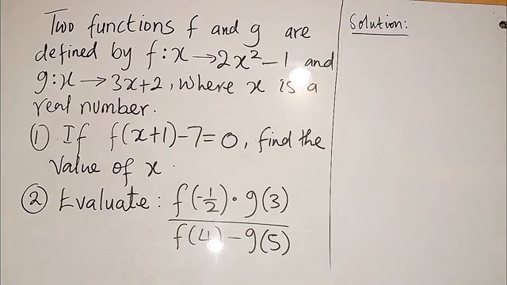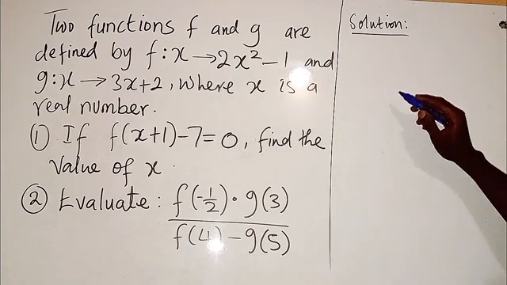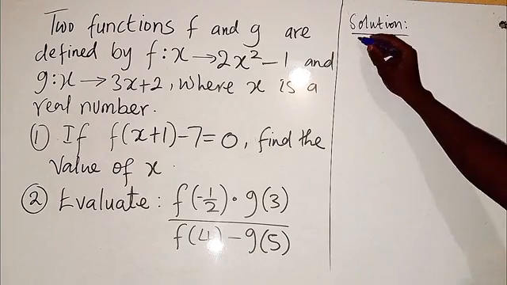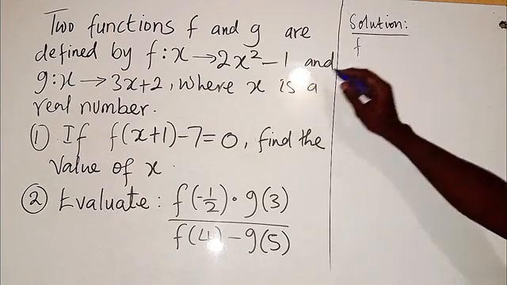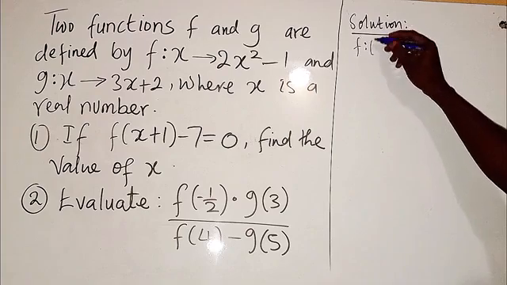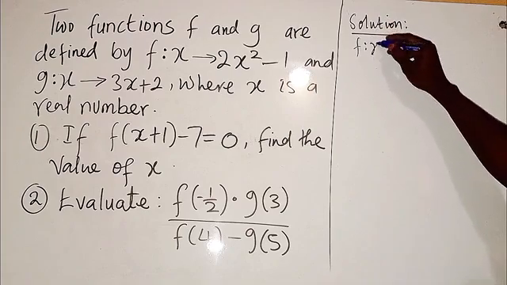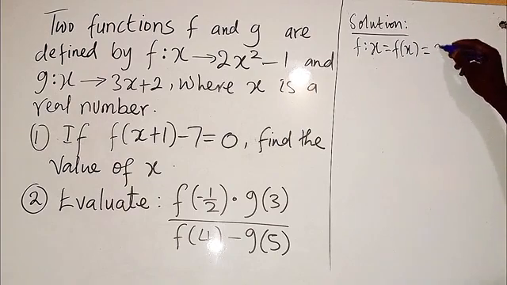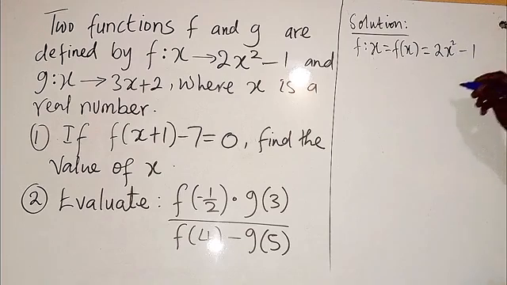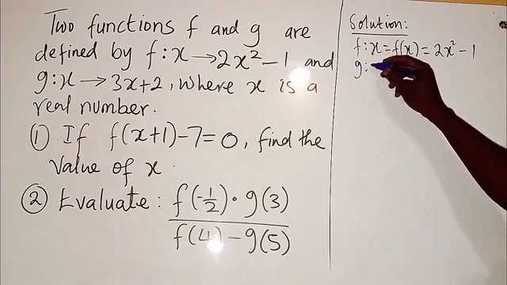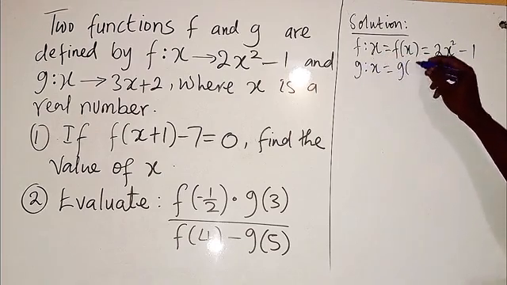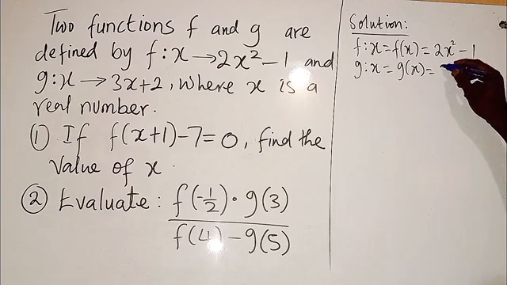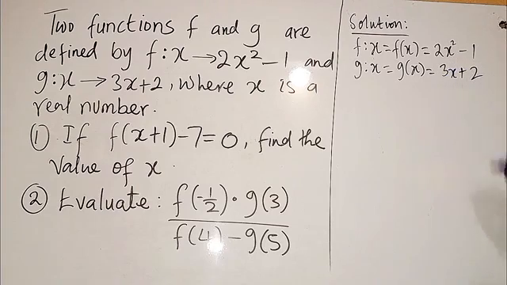Now from the question, the two functions can be written as f of x equals 2x squared minus 1, and g of x equals 3x plus 2.